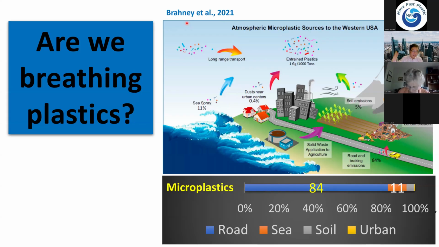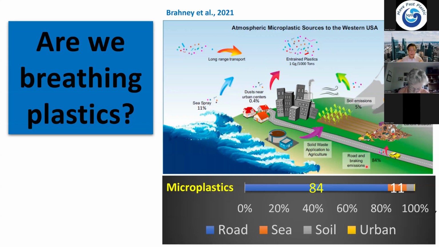So they simulated and developed a model, and they estimated that about 84% of the microplastics suspended in the air actually came from road dust or maybe brake emissions. That means when vehicles stop and go, or move along the roadway, tire wear is actually overlooked.